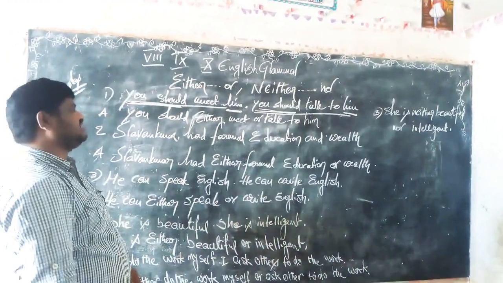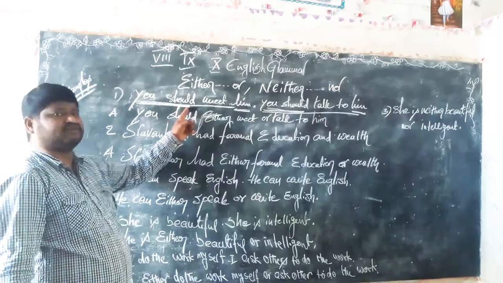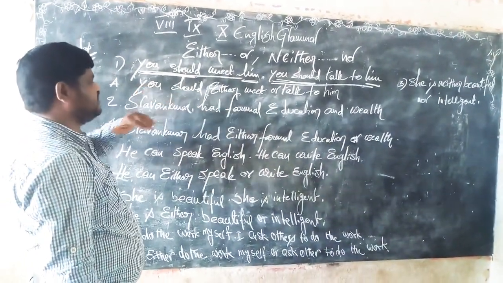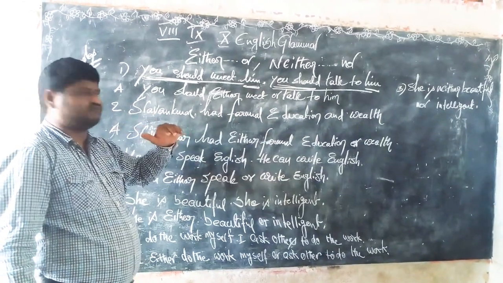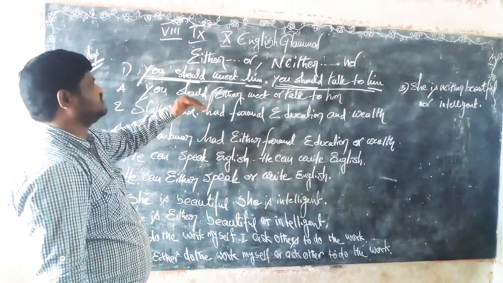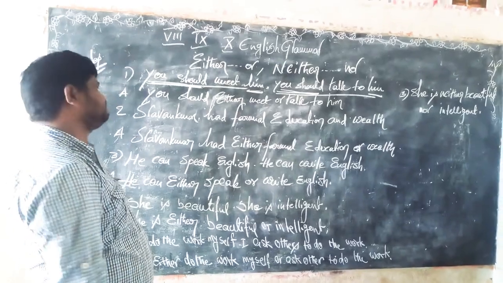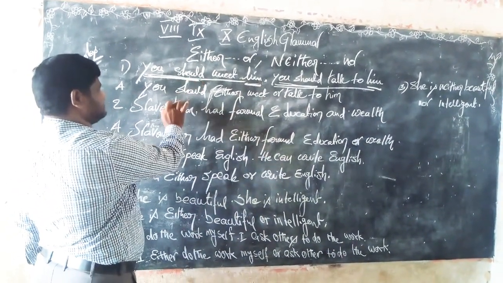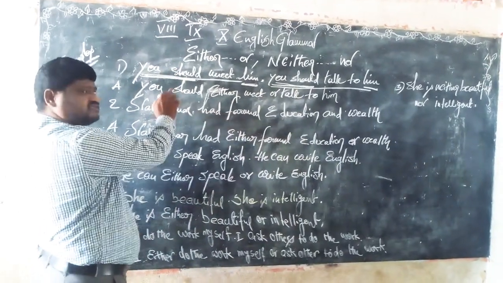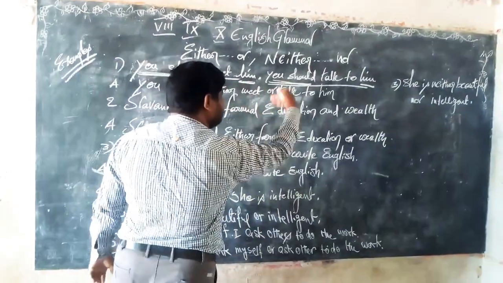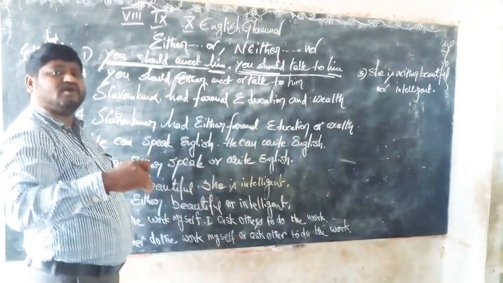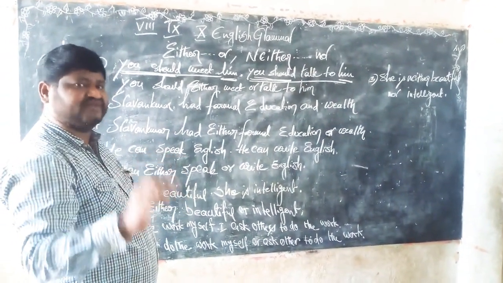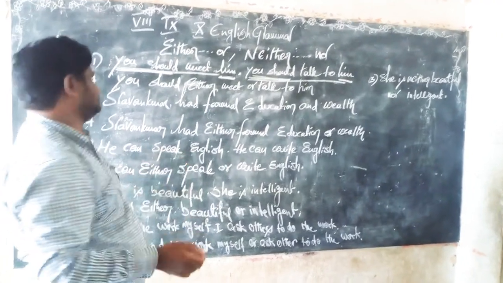So after identifying the similar or different words, it is easy to write. Before the similar words, you should write either or. In the first sentence, keep it as it is, with the similar words. And in the second sentence, whatever you identify, similar words or different words, remove it. Friends, remove it.